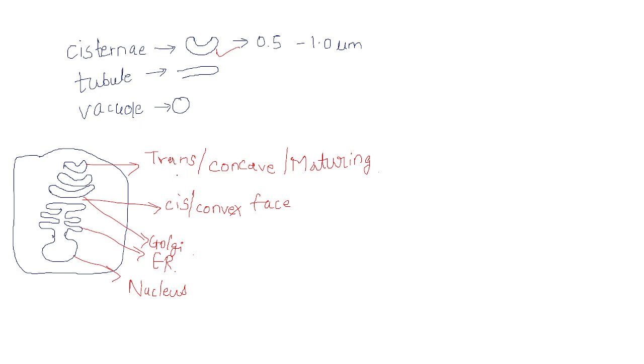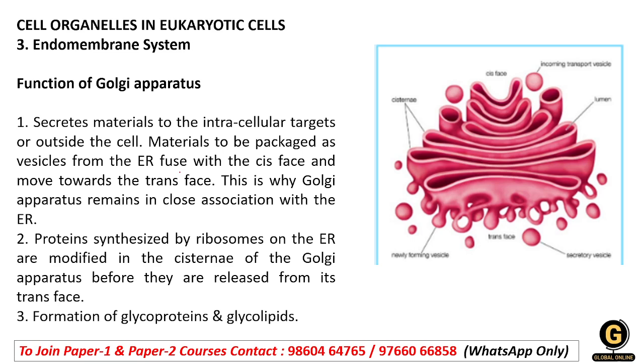Yes. Now let's see the functions of the Golgi apparatus. What is the function? It secretes materials to the intracellular targets or outside the cells. Materials to be packaged as vesicles from the ER fuse with the cis phase. This is why the Golgi apparatus remains in close association with ER. एवढा सगळ्या स्टेटमेंटचा अर्थ काय?